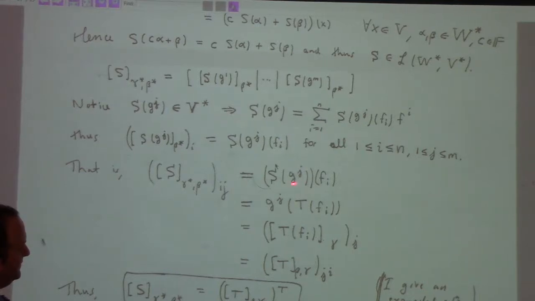But this, by definition, is g_j acting on that, which, by the similar discussion for T, is the ji-th component of the matrix for T. Which is to say that the matrix for this S is the transpose of the corresponding matrix for T.